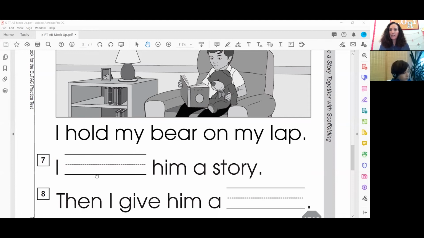It'll be number 7 on your paper. And then hold it up so I can see that you're in the right place. All right, go ahead and put your paper down.